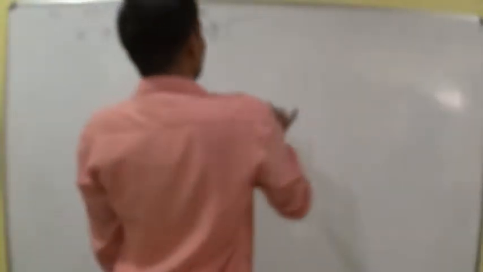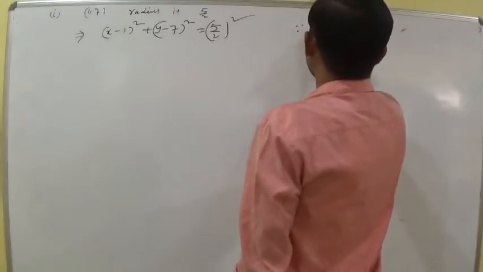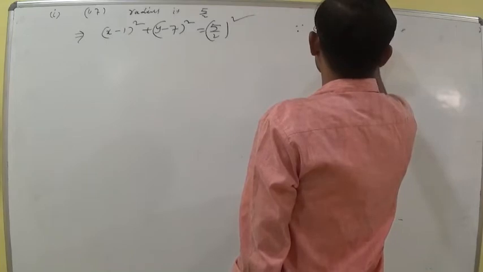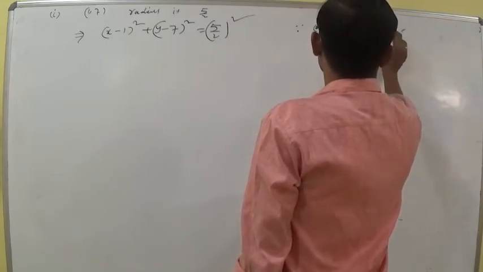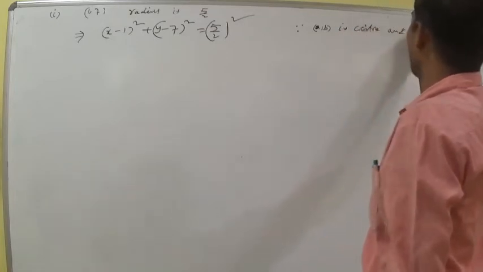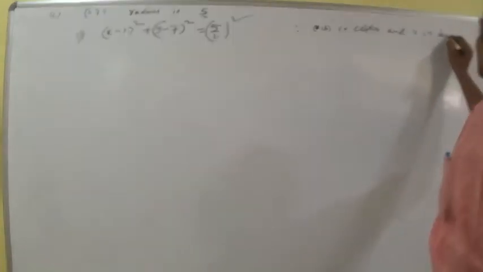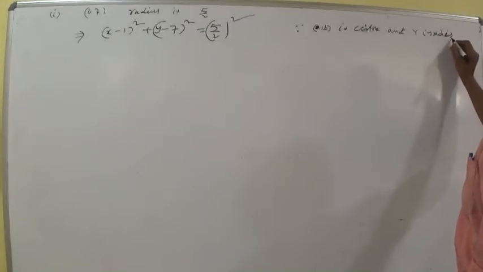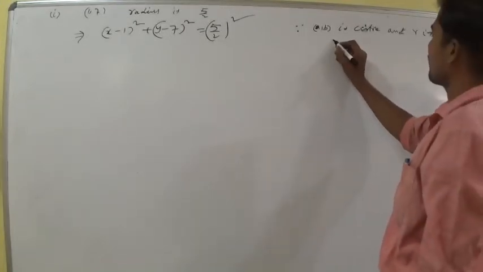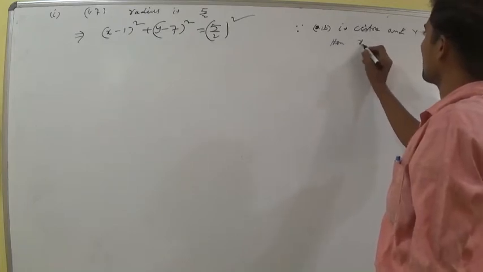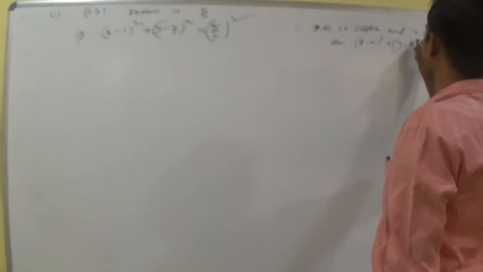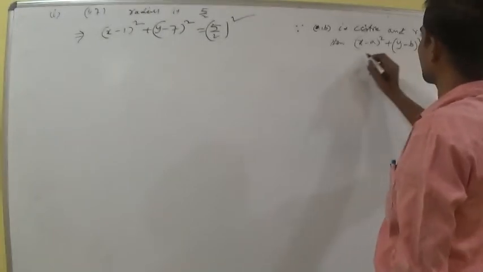Since (a, b) is the center and r is the radius, then (x minus a) whole square plus (y minus b) whole square is equal to r square.